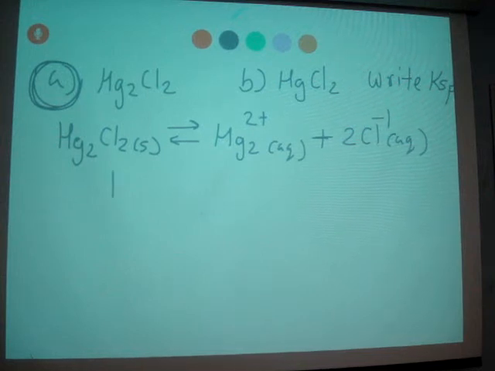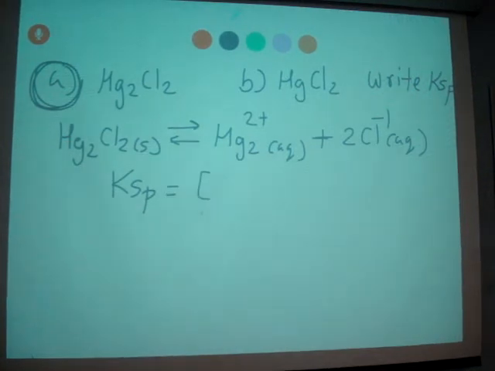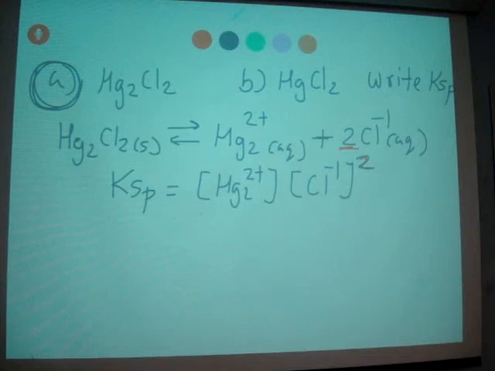And when we write KSP for this particular salt, we can have the Hg2 2 plus concentration and Cl minus concentration, and you see here there is a 2, so we can put 2 here. So that's its solubility product constant expression, KSP, for this salt.